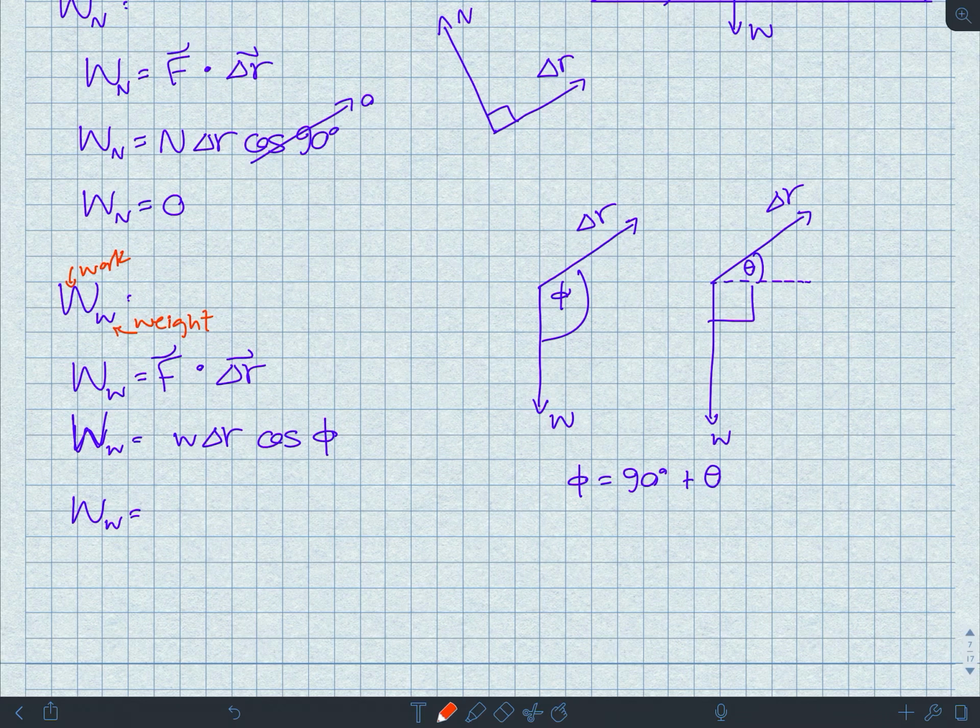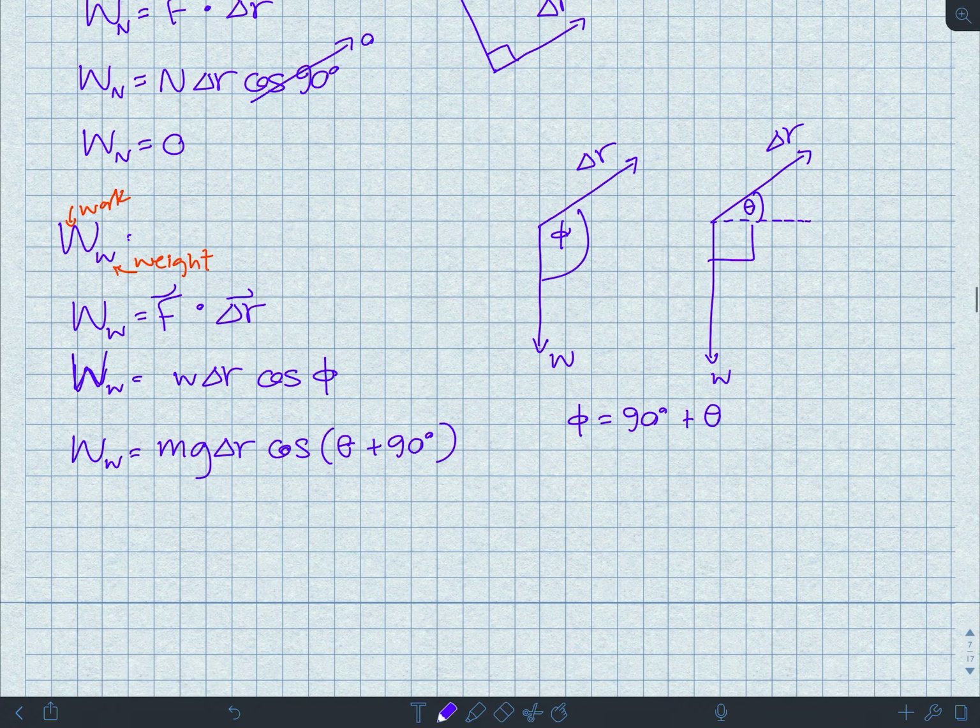So the weight is mg. Okay, and then delta R and my cosine, and I'm going to call this theta plus 90. Maybe that looks gross right now, but we have a trig identity for that. It'll just clean it right up.